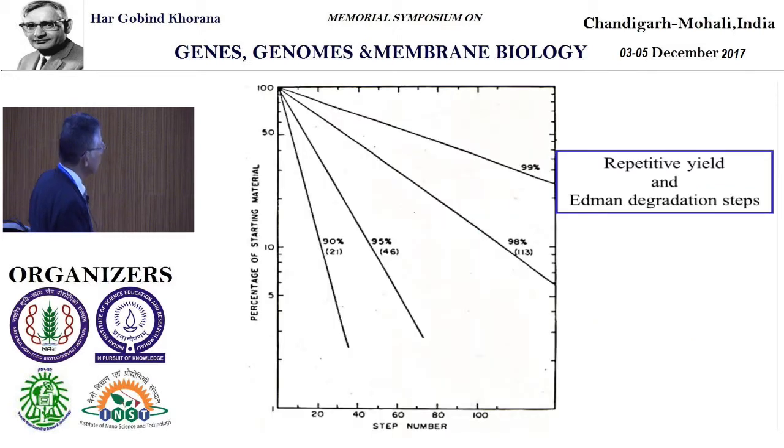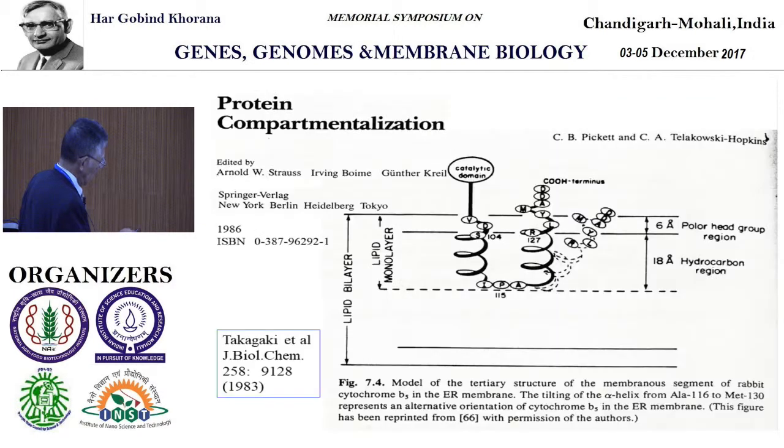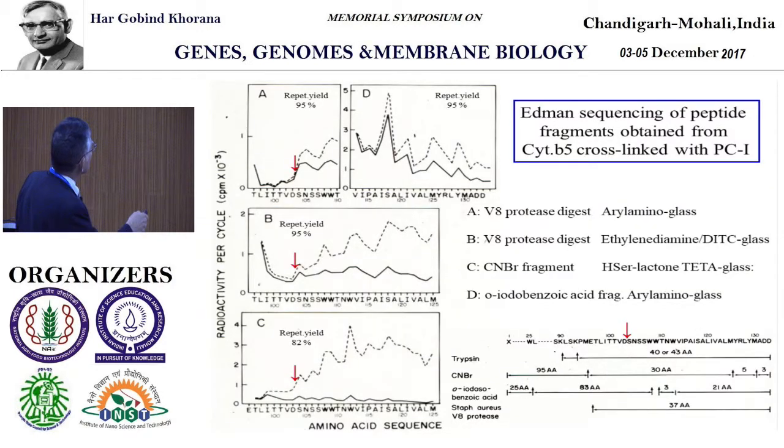Using this, the sequencer also has to be tuned up to get higher repetitive yield. In Edman degradation, each step is not 100%. It could go up to 97%, but not more, and it's quite difficult to get up to 97%. I changed the tubings and lots of things, programs, etc., to get to 95% yield.